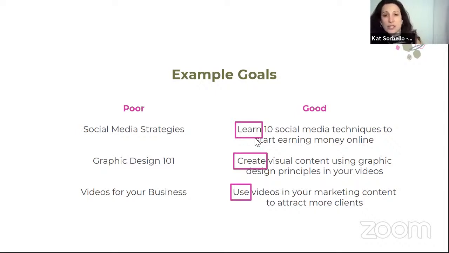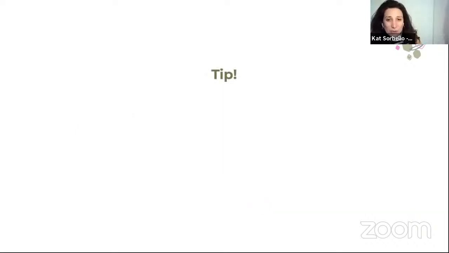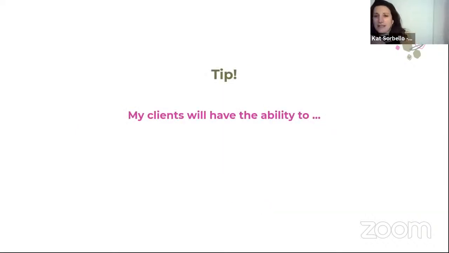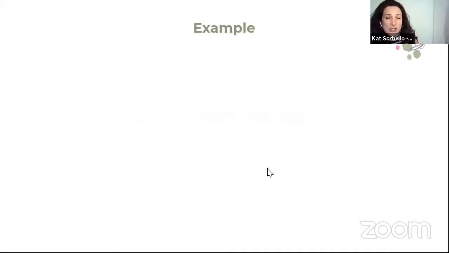My clients will have the ability to learn 10 social media techniques. My clients will have the ability to use. That's just a little tip to make sure that you have a good goal. We make sure that we use that tip for all of our goals, learning outcomes, and competencies.